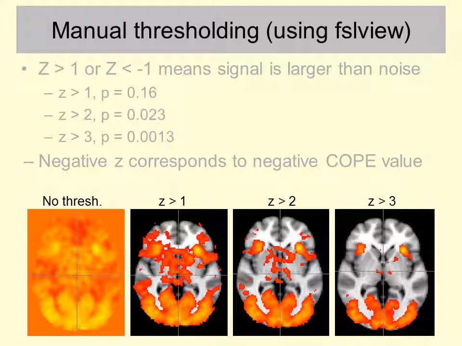Now the process of applying a threshold is basically one of taking something that varies in a continuous way, such as the Z values in this image in the slice on the left. They vary continuously across the brain, producing that heat map.